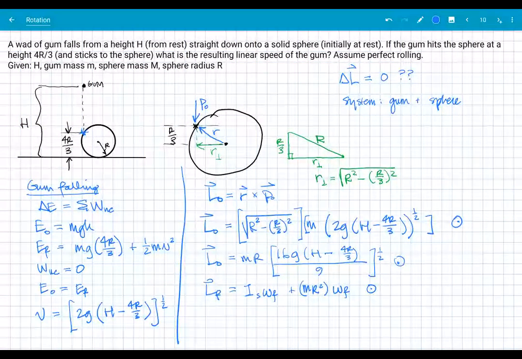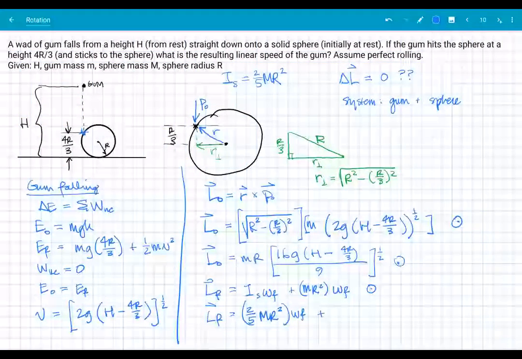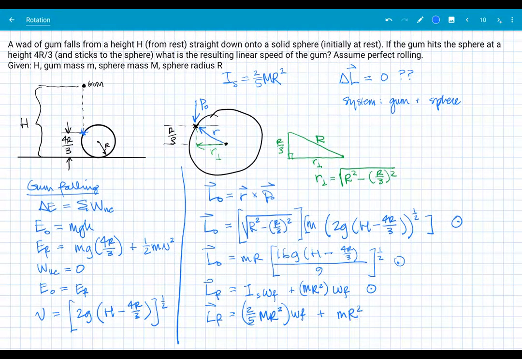This is a solid sphere, so the I value for a solid sphere is simply 2/5 MR squared. You can find that on the table. So the final angular momentum is 2/5 MR squared omega final plus little m big R squared omega final, out of the page. You can clean that up a little bit too.